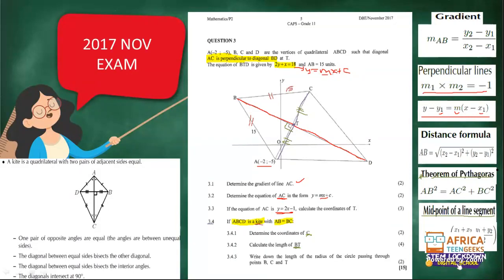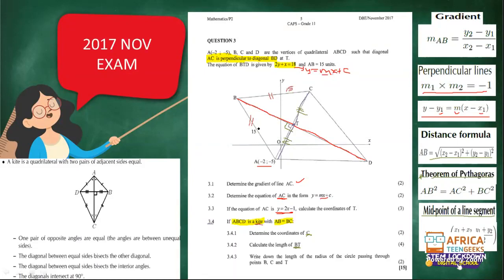How you would solve that is by saying, if I have 2 points, you can get the distance, isn't it? You can get the length from AT. So if you can get the length from AT, and you have the length from AB, you can get the length from BT.